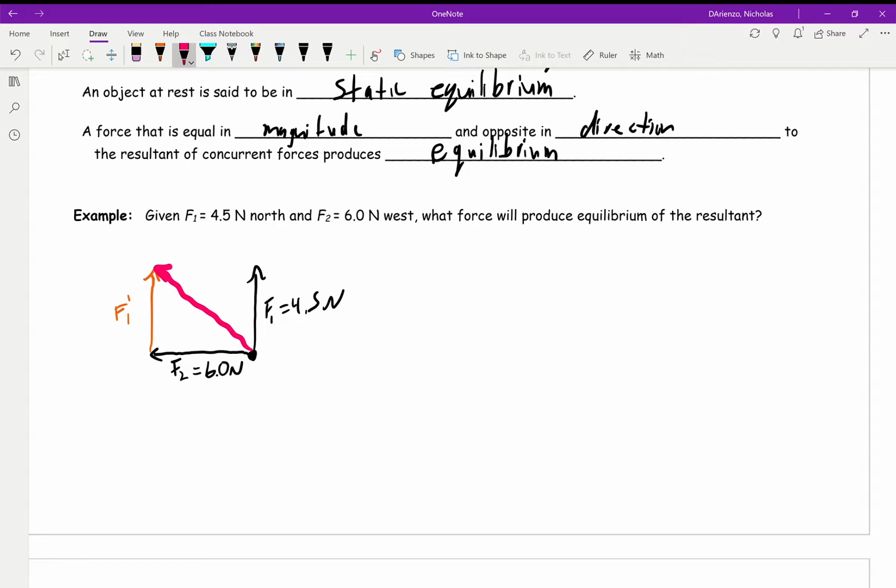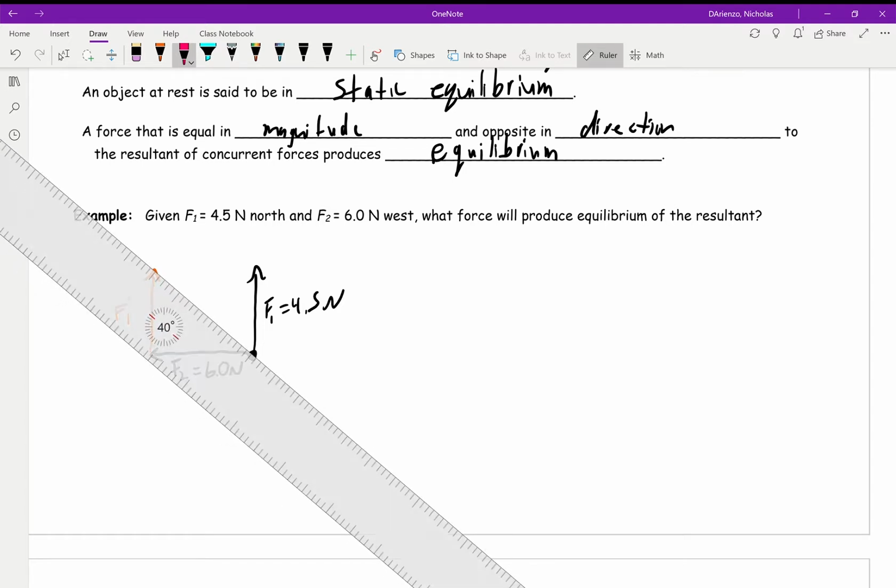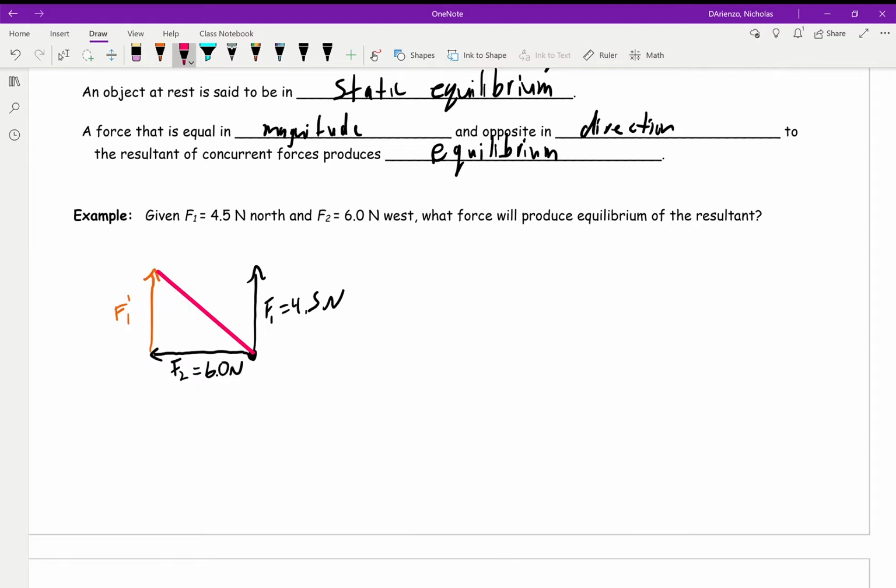Let me see if I can try something here. And our resultant, that looks a whole heck of a lot better. Should do that for all of my drawings. Our resultant here is going to give us our net force.